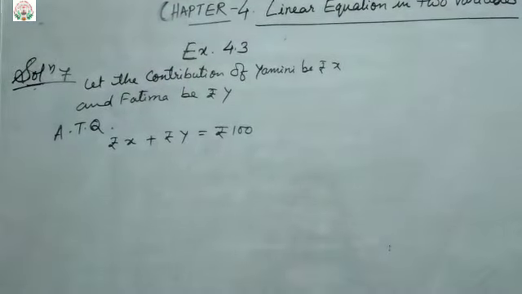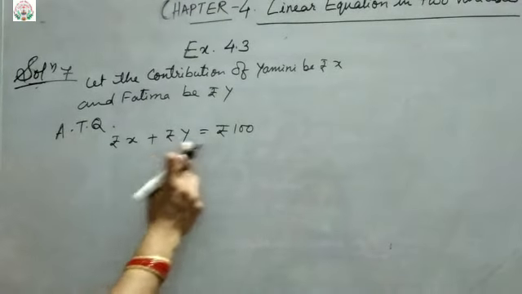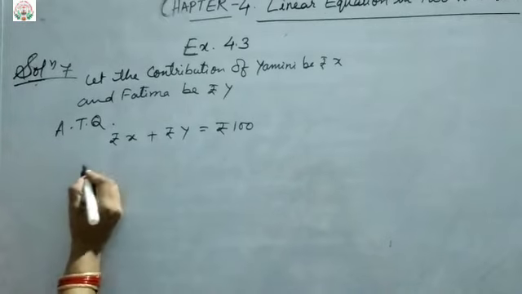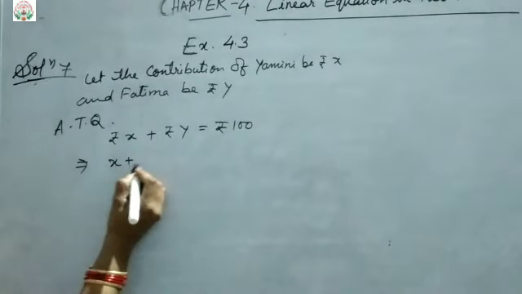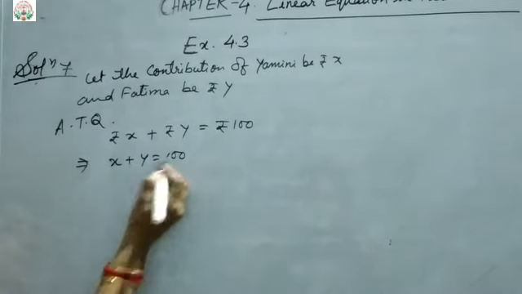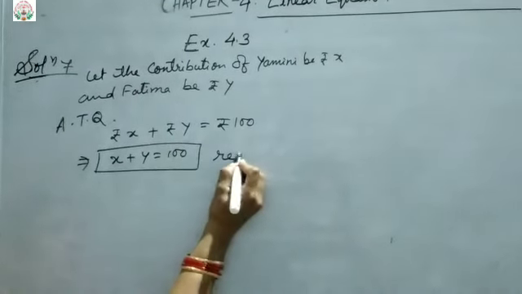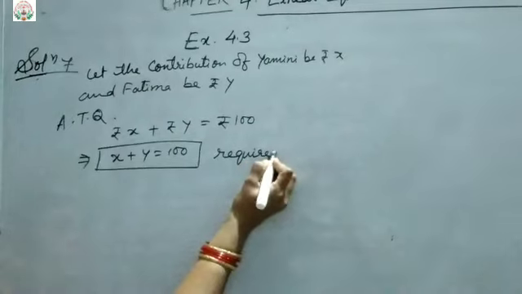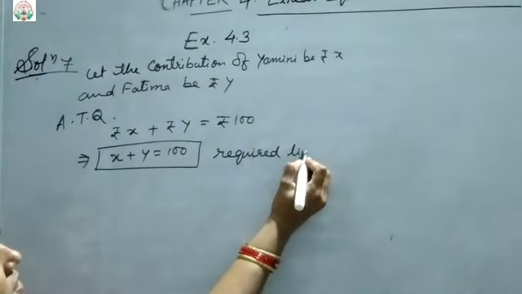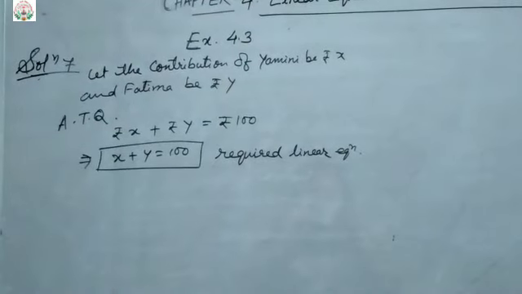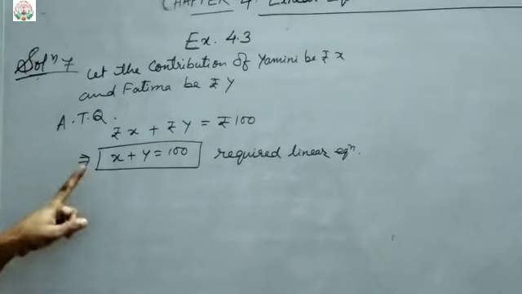Now everywhere rupees is common, so it will get cancelled off on both sides. So X plus Y equals 100. This is the required linear equation for this particular question.